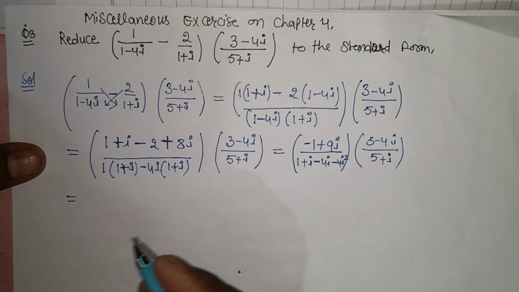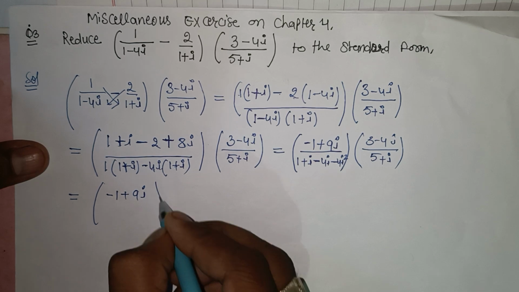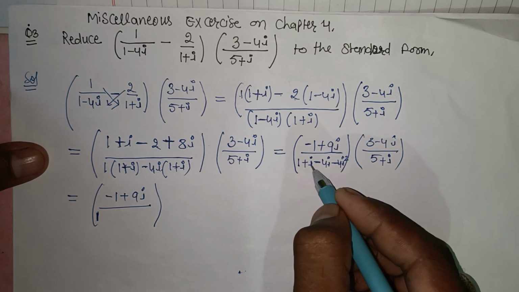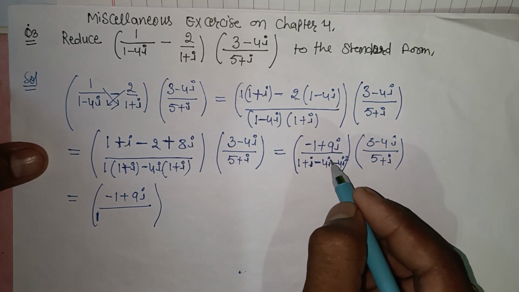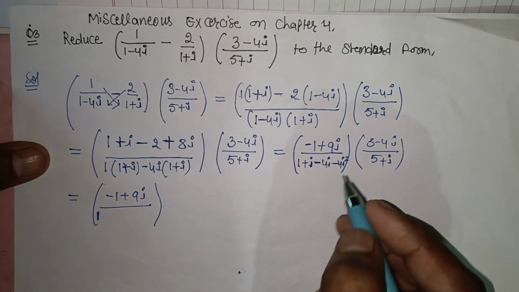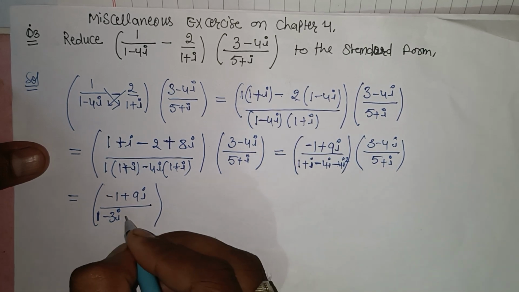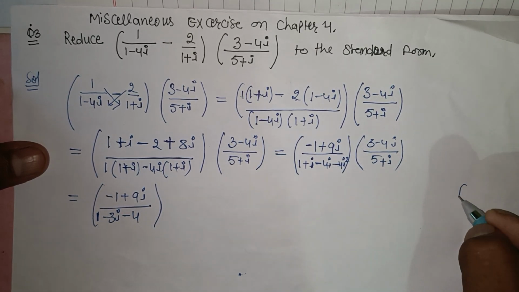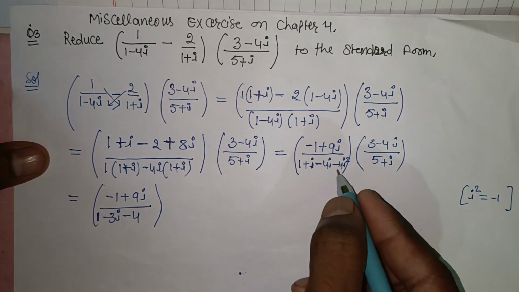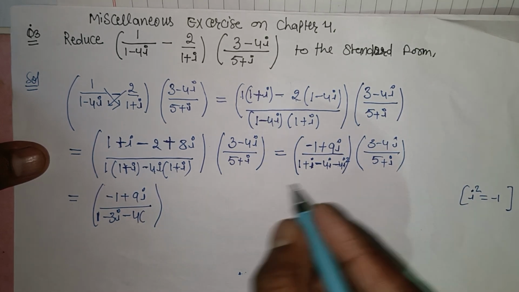Now again, minus 1 plus 9 iota upon 1 plus iota minus 4 iota is 1 minus 3 iota, then minus 4 iota square, and we know that iota square is equal to minus 1, so we write minus 1 in place of iota square.